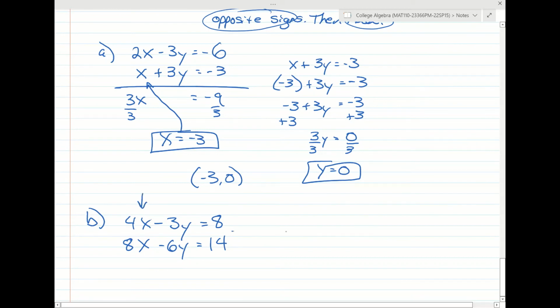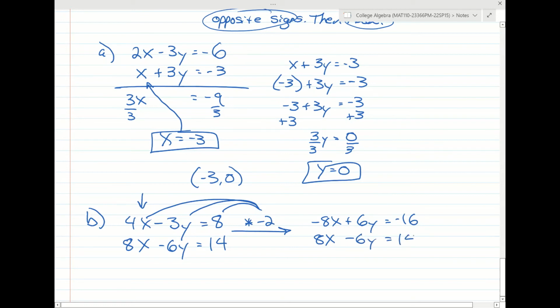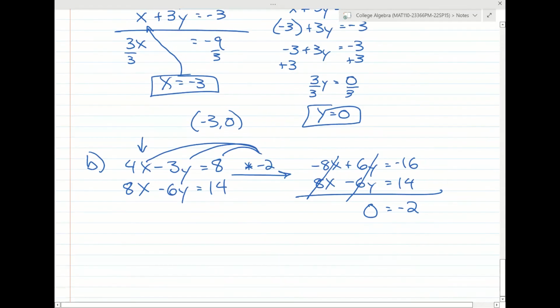So I'm going to try to get the top to be -8 by multiplying everything by -2. And that gives me -8x plus 6y is equal to -16. The bottom one, we don't have to multiply by anything. And even though I wanted to eliminate the x's, I also eliminated the y's, and we just get 0 is equal to -2, which is one of those weird answers.